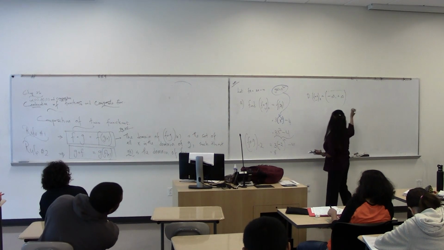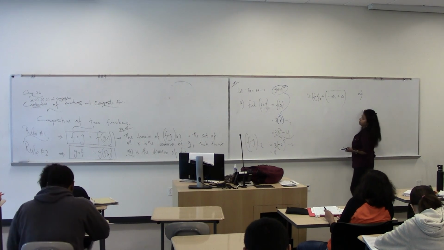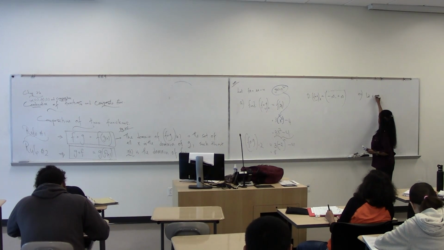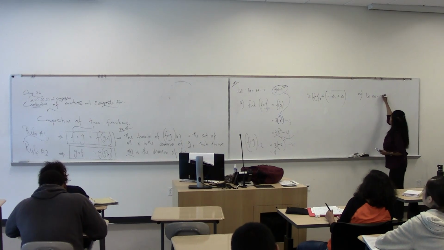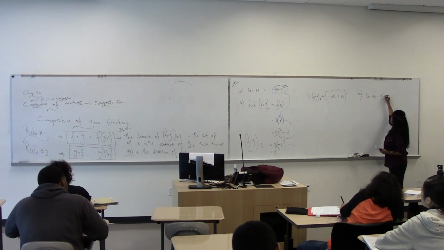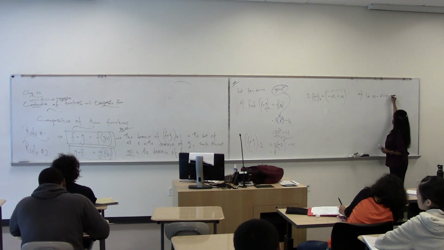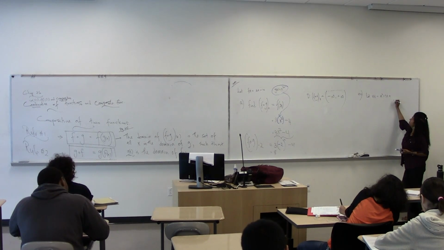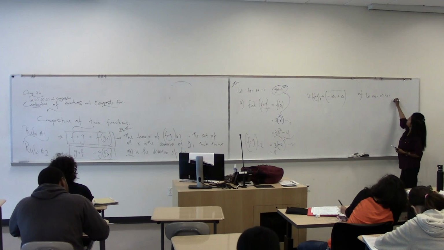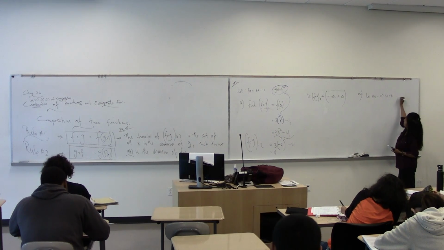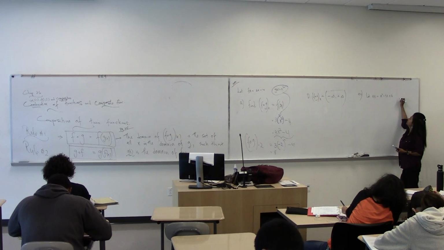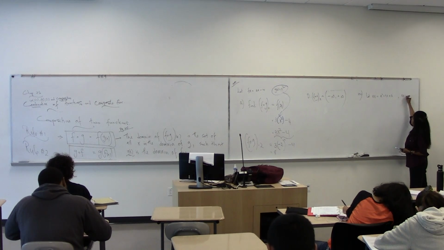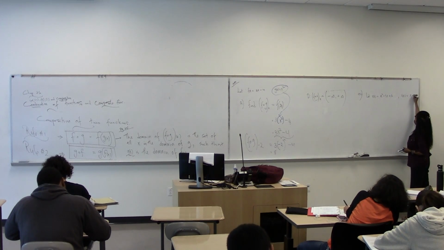Example number 1, let's do another example. Example number 2: let r of x is equal to x squared plus 5x plus 6 and t of x is equal to x plus 2.